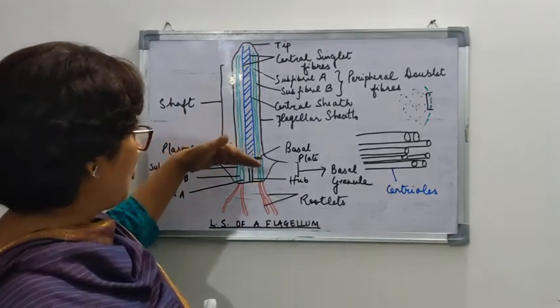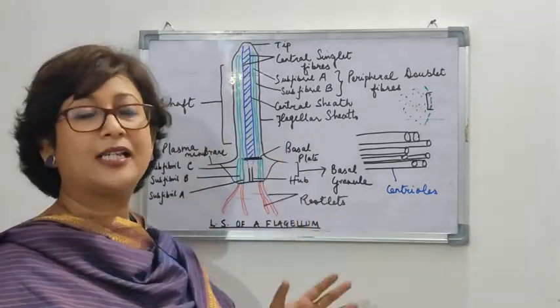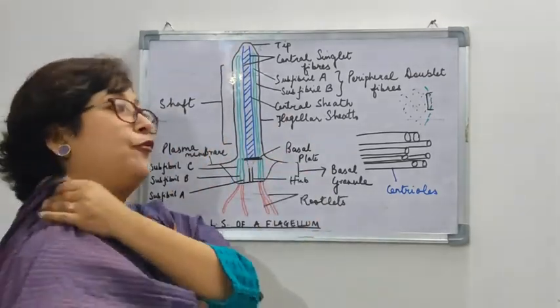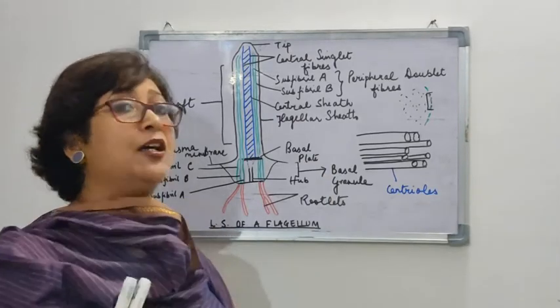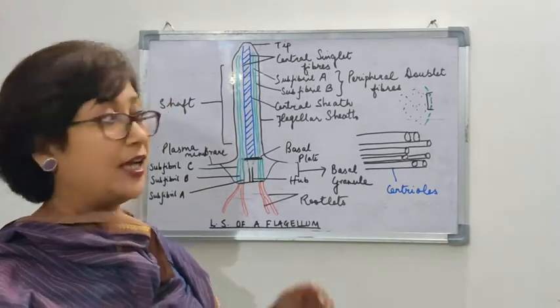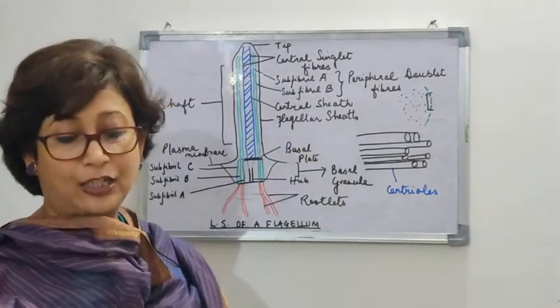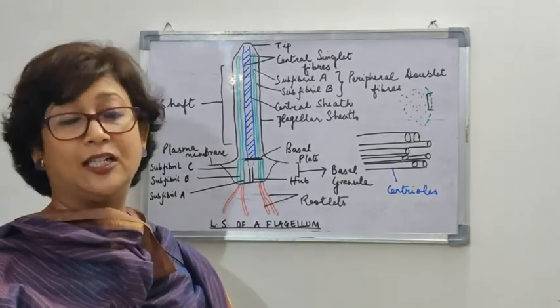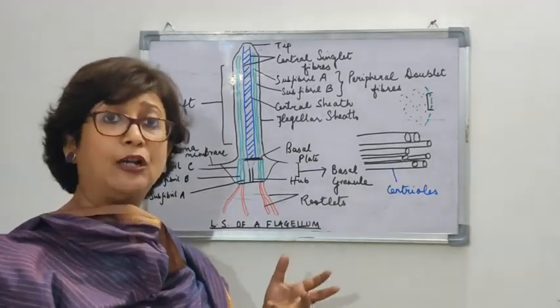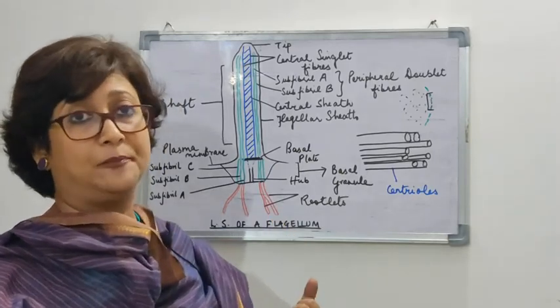The next part above the basal plate is the shaft, and this part is the actual flagellum or the cilia which are visible. The shaft is the hair-like projecting part of the flagellum or the cilium. Flagella is the plural of flagellum and cilia is the plural of cilium.